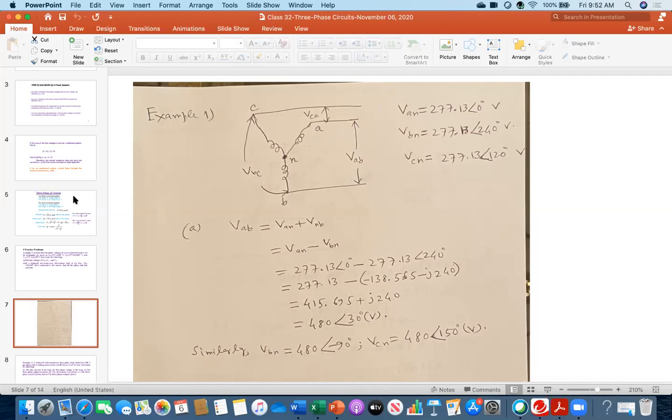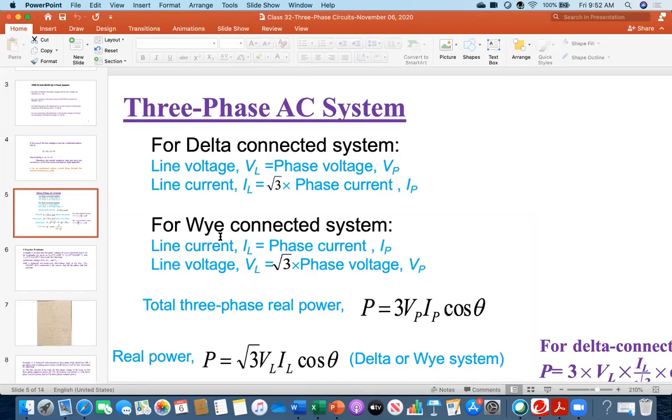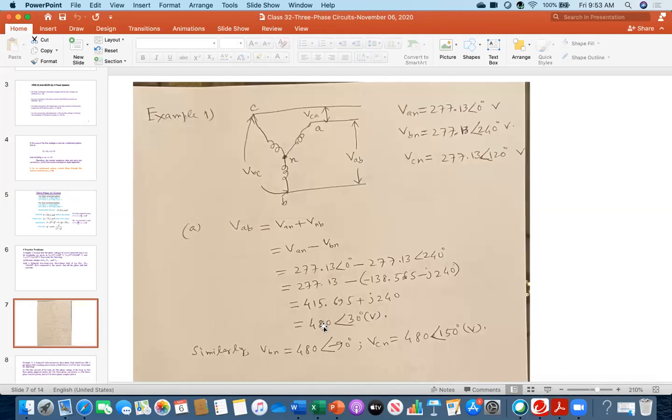What was my conclusion? Look, everybody, what was my conclusion for a Y connected system? What is the relationship? Line to line voltage should be √3 times the phase voltage. That is the thing I learned. And now that justifies. You see, I found VAB, which is 480. And then this is the phase voltage.